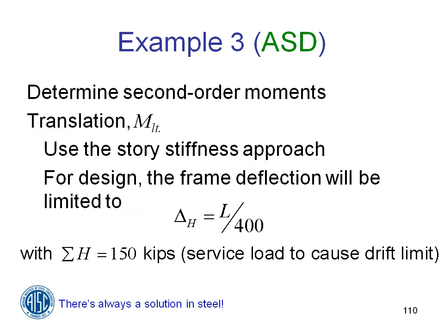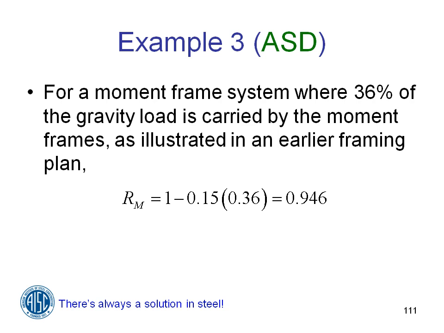To determine the sway, instead of calculating the displacement of the structure, I'm going to do it from a design approach and say, well, my lateral load is 150 kips, my service load, and under that service load I'm going to limit my drift to L over 400. What that does is give us a way to get the lateral stiffness term without actually doing a lateral load analysis.